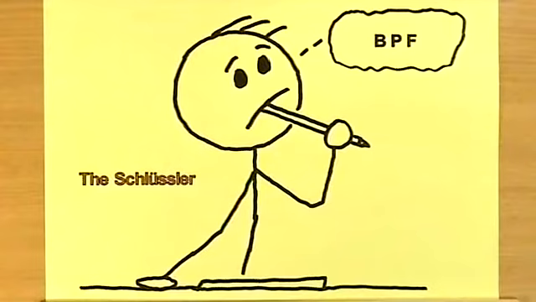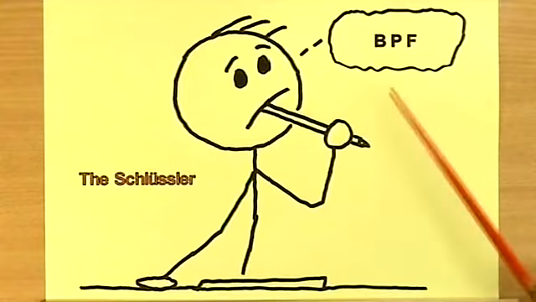In this example, the Schlüsseler first thinks up the letters B, P and F. These 3 letters were sent later unencrypted, and the Schlüsseler initially also used these 3 letters as the starting position of his own Enigma for this process, but only for determining the next 3 letters, but not for encrypting the Enigma ciphertext message.